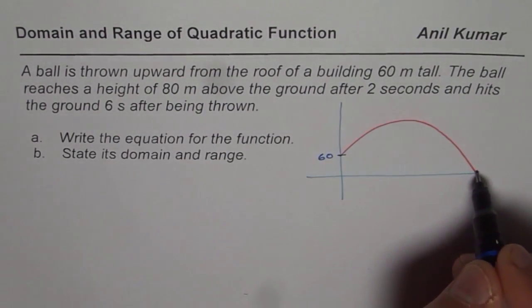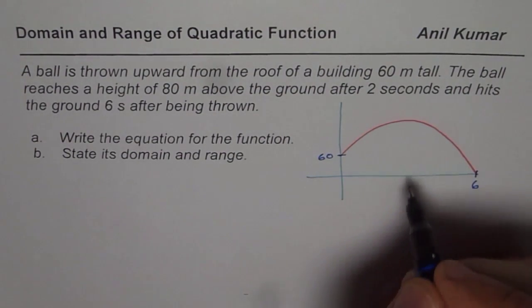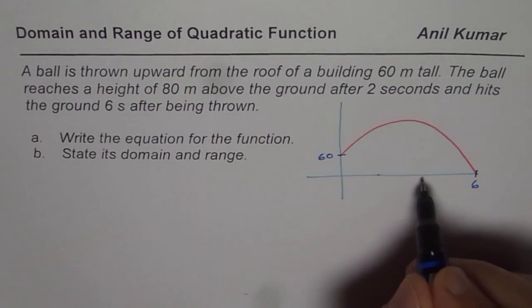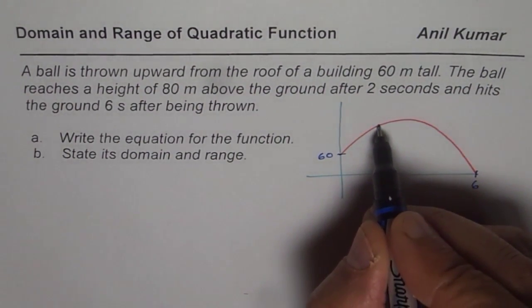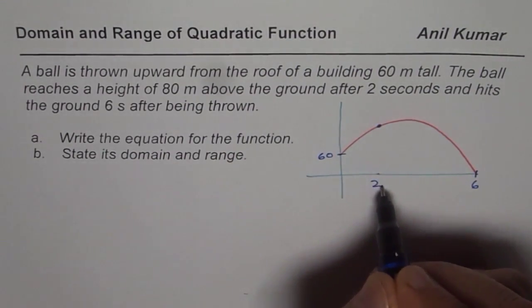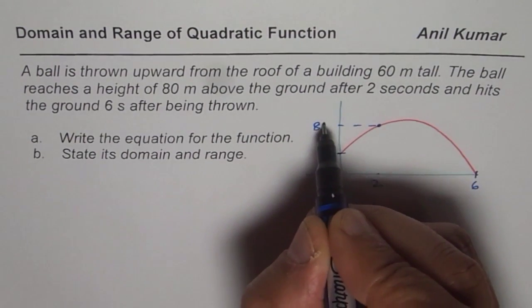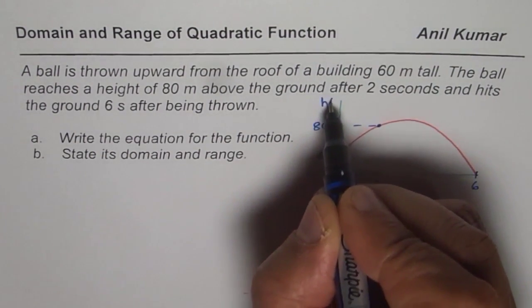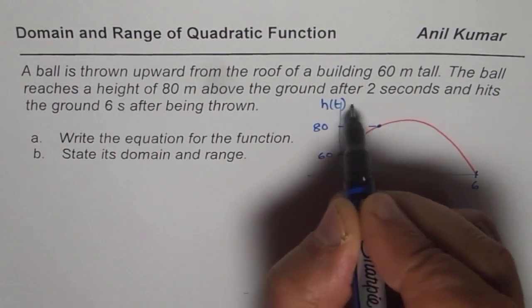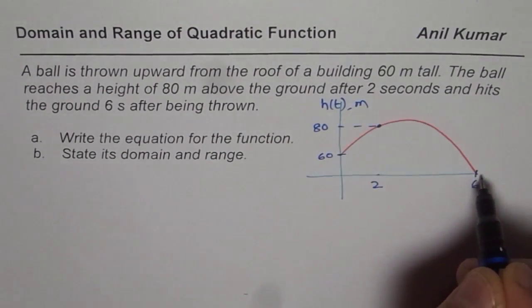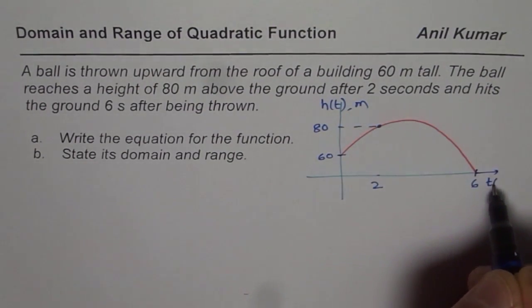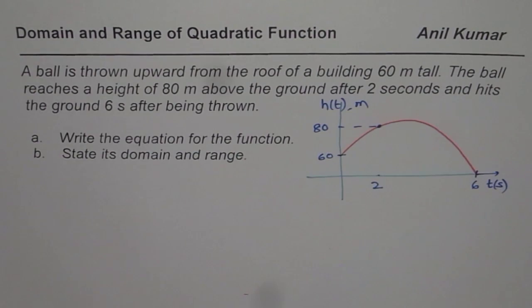And after 6 seconds it falls, and somewhere here after 2 seconds the height of the ball is 80 meters, right? So that is height with respect to time in meters, and here we have time in seconds, right?